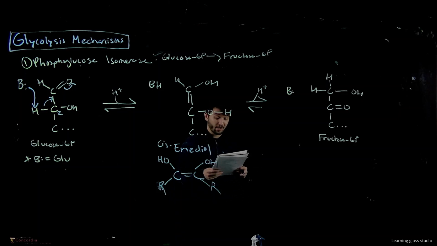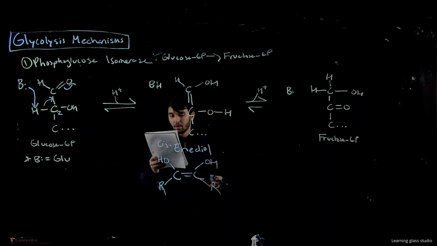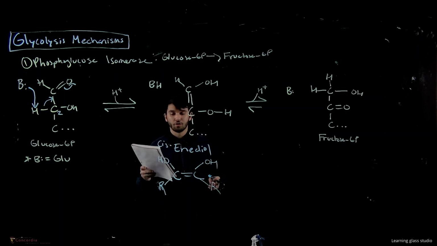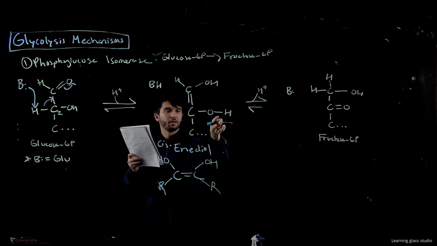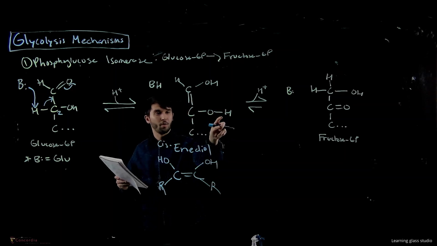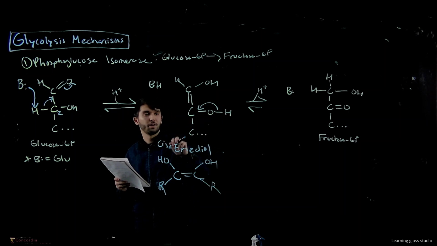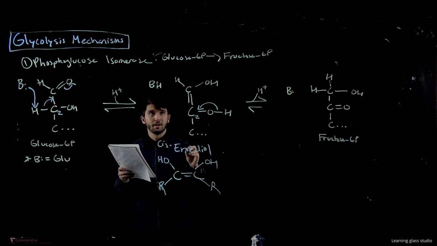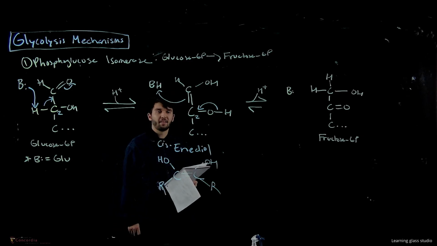So we have an enediol intermediate here, and then what happens is general acid catalysis. Essentially what's going to happen is the electrons here in the OH bond are going to reform a double bond here between the carbon and the oxygen, so make a carbonyl on carbon 2, and then the electrons in the double bond here are going to come and take the hydrogen from the basic amino acid.